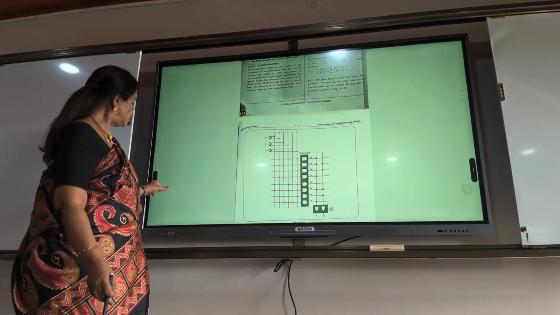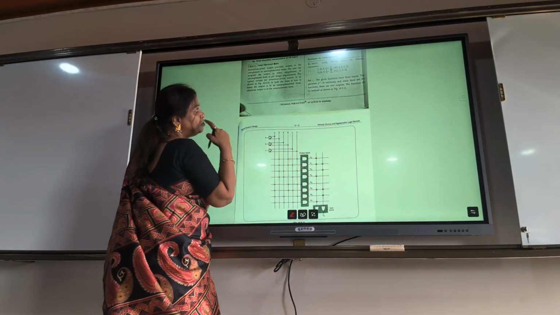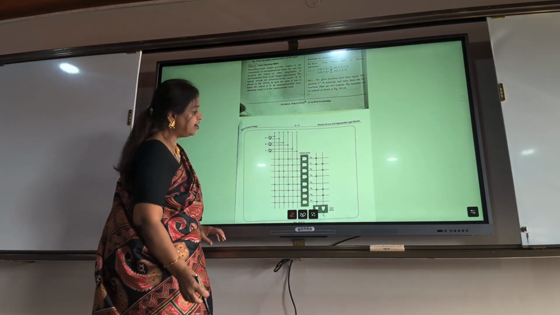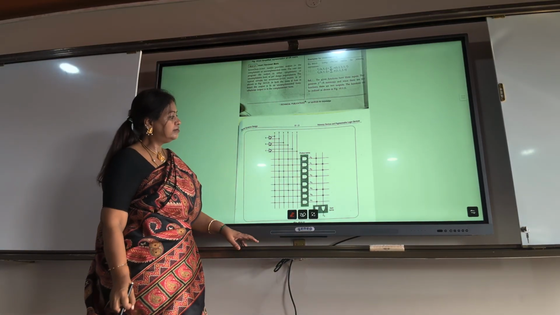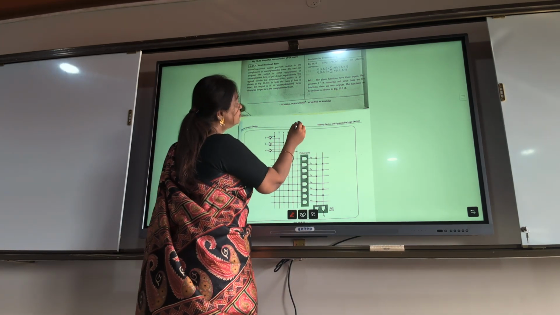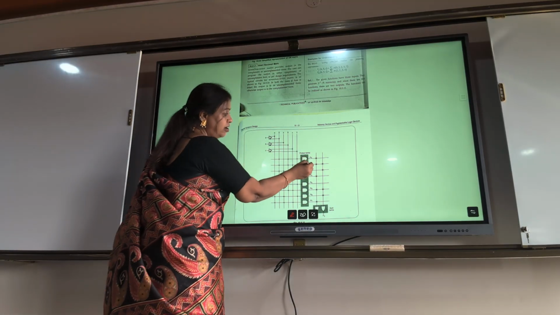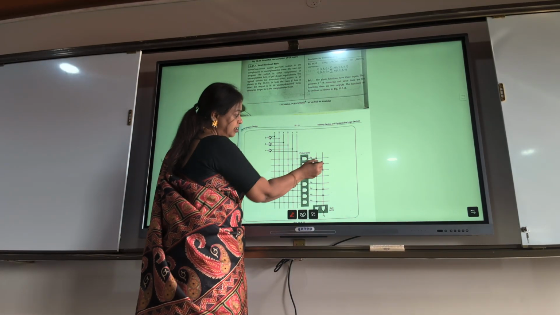So let us see this. F of ABC is equal to sum of 0, 1, 3, 5, 7. So here we have to connect this, M0, M1, M2, M3, M4. These are all vectors.